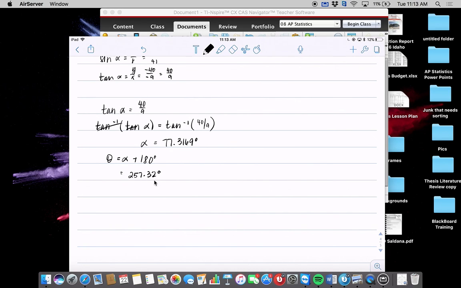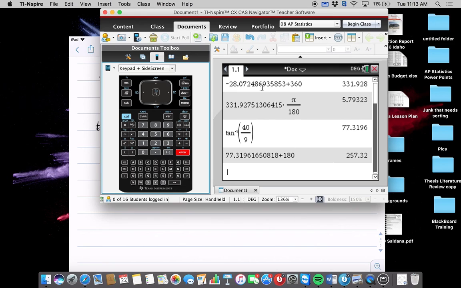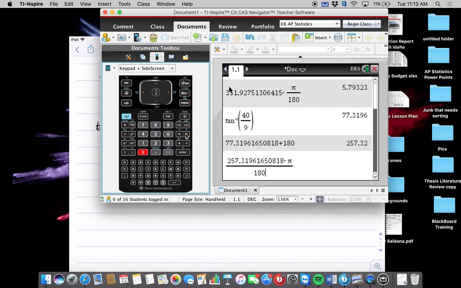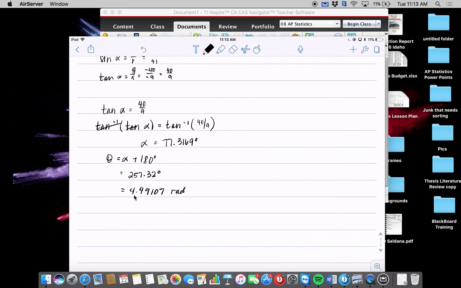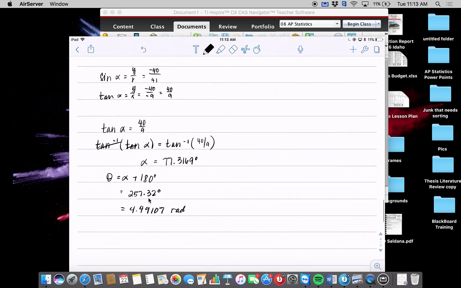Now, if we wanted this in radians, remember that we just multiply by pi over 180. So we can take that answer and multiply by pi divided by 180. Control Enter. And we get 4.49107 radians.